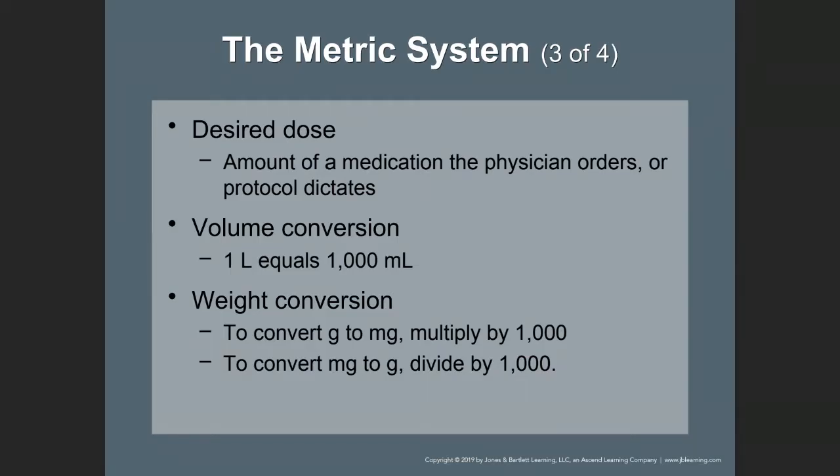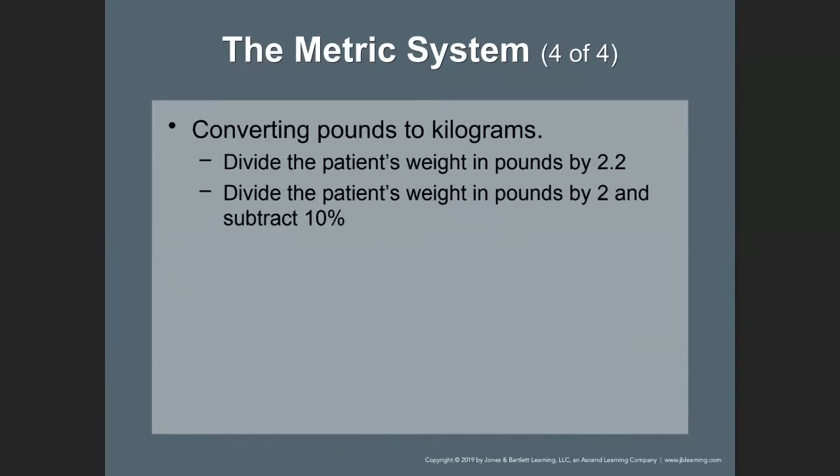Weight conversion. To convert gram to milligram, multiply by 1,000. You're moving from large to small, so multiply. To convert milligram to gram, you're moving from small to large, so divide. Simple concepts to commit to memory. Converting pounds to kilograms: divide the patient's weight in pounds by 2.2.